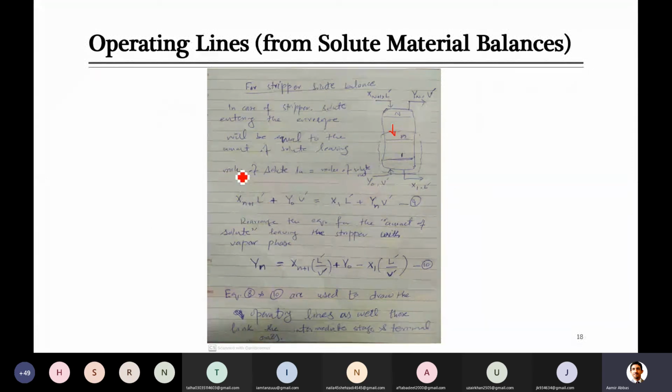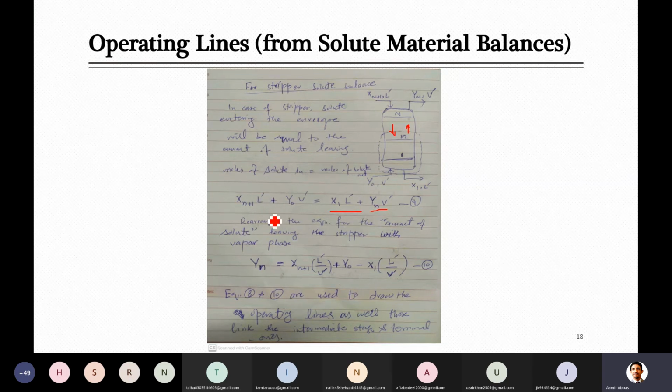It will give you the moles of solute, plus moles of solute also entering with the vapor stream, entering from the zeroth stage, that is y0 V'. So these are both entering. One will be leaving from the top, the vapor stream leaving from the nth tray, so here it is y_n V', plus what leaves from the bottom, that is the liquid, so it is x1 L'.